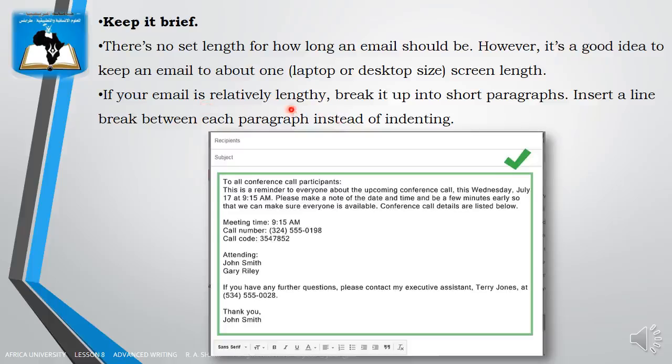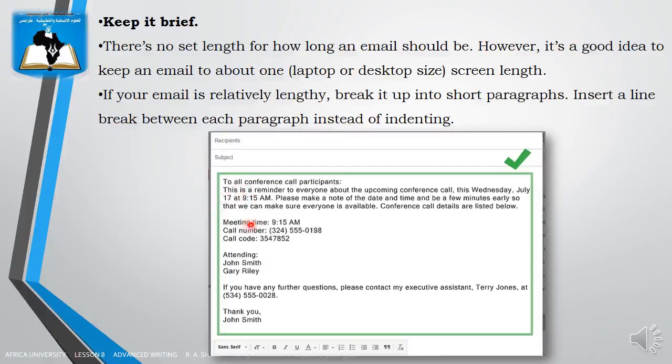If your email is relatively lengthy, that means if your email is long, break it up into short paragraphs. Insert a line break between each paragraph instead of indenting, okay? So as the sample shows, here we have a long email full of information.